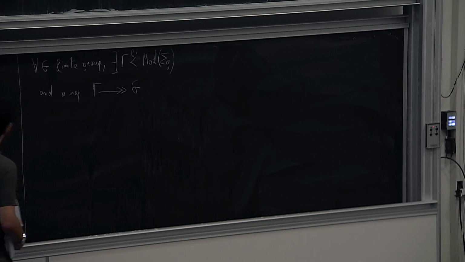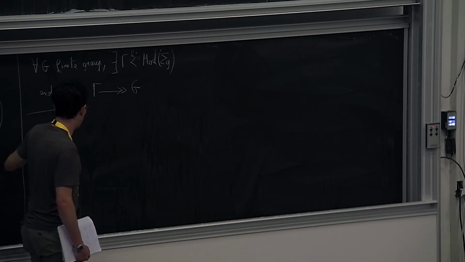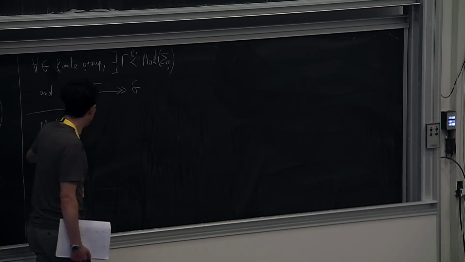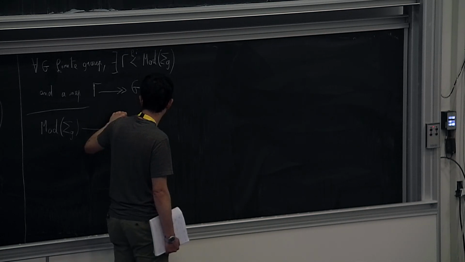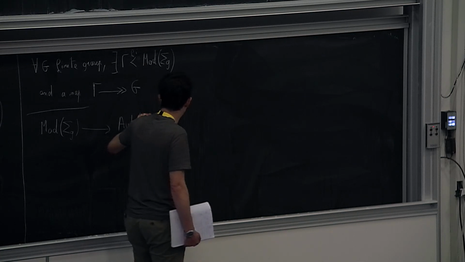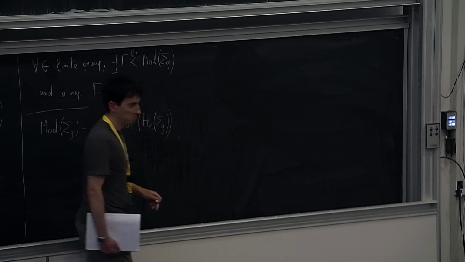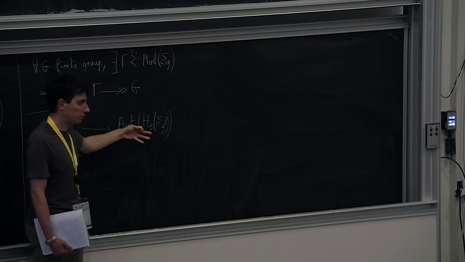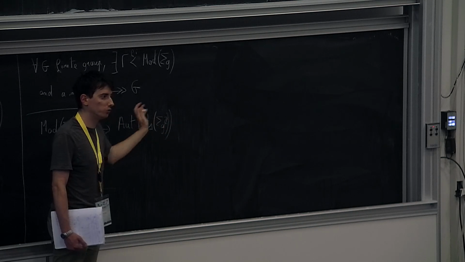For each fixed genus, yes. It's much easier if you're allowed to take all genera at once. You always have the so-called homological representation. The mapping class group of sigma g has a representation into the automorphism of H1 of sigma g with coefficients in Z. This is just because the diffeomorphism group acts on the surface, and thus you can extract an action on the homology.